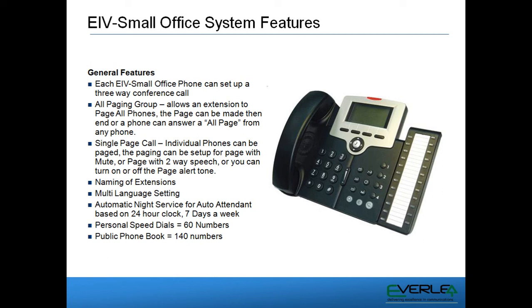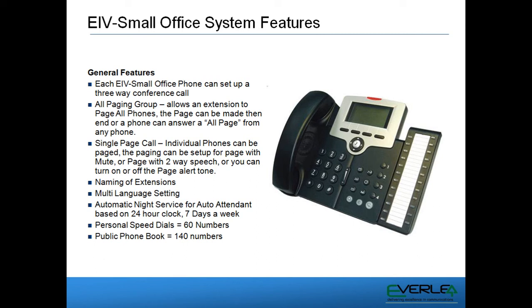So when the page is made and I'm talking through and you can hear my voice coming through all the phones, there's a soft key that comes up on the EIV phone, and if I press that I can answer it and we'll be connected together and talking with each other. It's quite a good unique feature for the EIV phone.